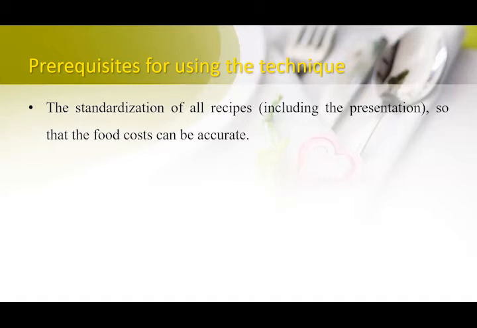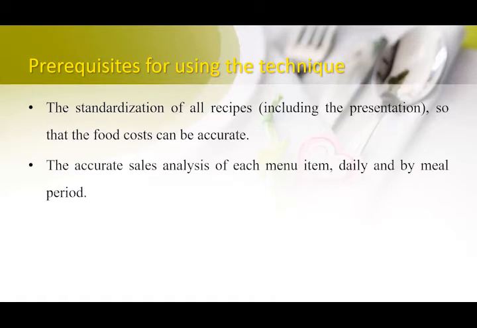The first and the most important prerequisite is that the recipes should be standardized, which would also include any presentation material or garnishes, so as to have an accurate food cost of that particular product. Hence, it will help to find out the contribution margin of that particular food product.